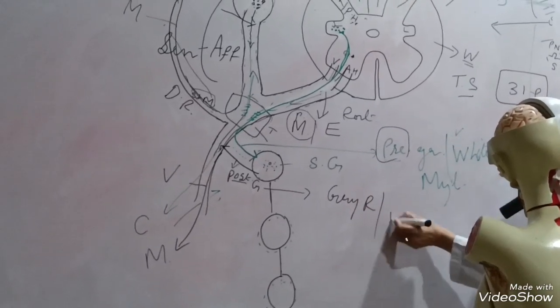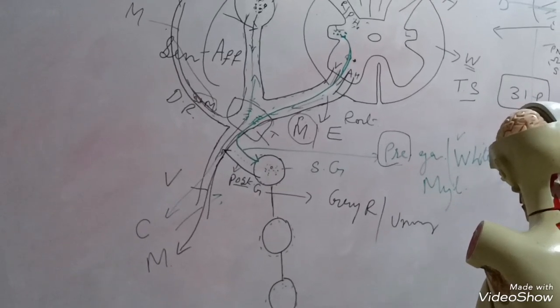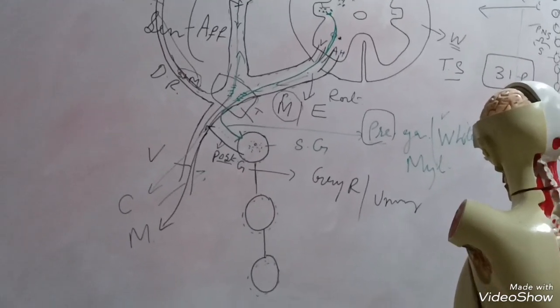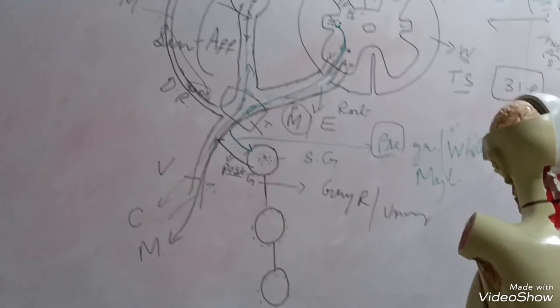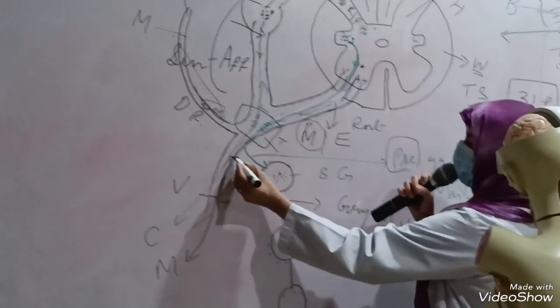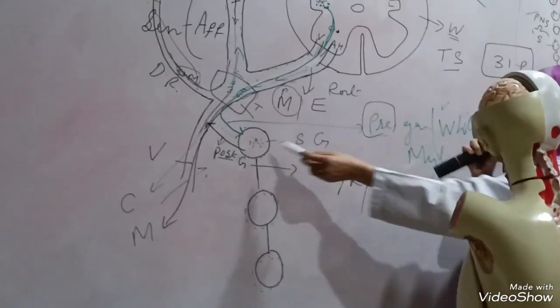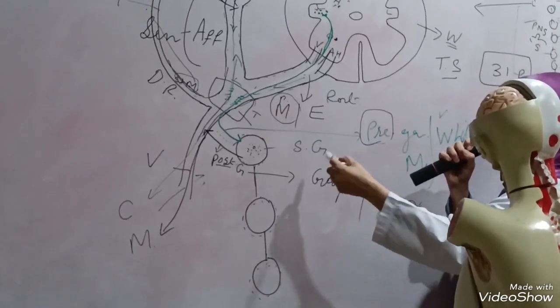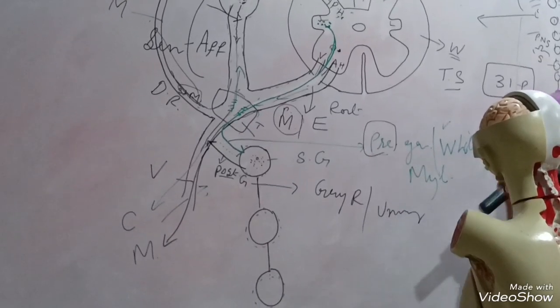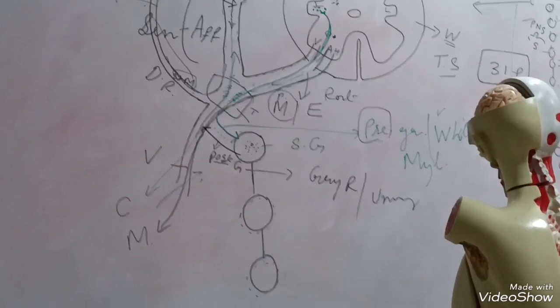Okay, these post-ganglionic fibers can also be called grey rami. Why grey? Because they are unmyelinated. When there is no myelin sheath around the fibers, they appear in a grey tone. Is it clear? So this post-ganglionic fiber may enter here, and they will go through this sympathetic chain towards all the ventral rami of all the spinal nerves. Right? Okay.